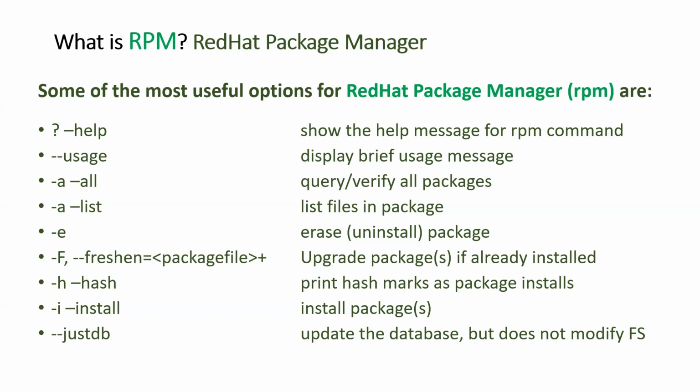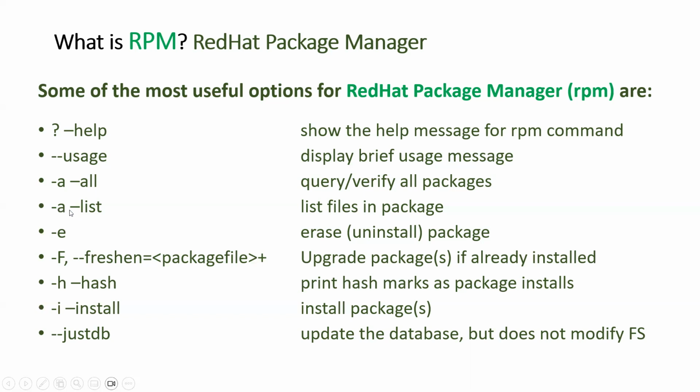And then by default, if you just say rpm question mark or rpm --help, it will give you the entire usage commands for RPM. You can also use rpm --usage and display a brief message for the RPM syntax. If you do a -a or --all, it queries the RPM package manager for a given name of an RPM.